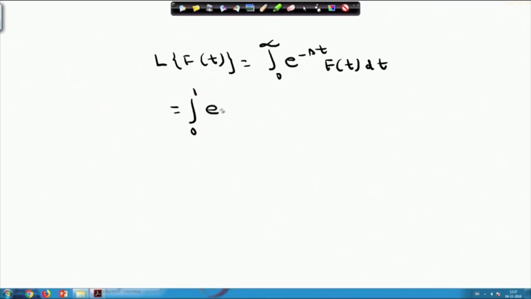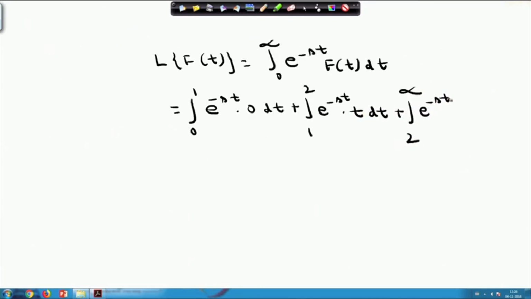From 0 to 1, e power minus st into the value of f(t), which is 0, dt, plus from 1 to 2, e power minus st into t dt, plus from 2 to infinity, e power minus st into 0 dt. So, this is nothing but the integral from 1 to 2 of e power minus st into t dt.